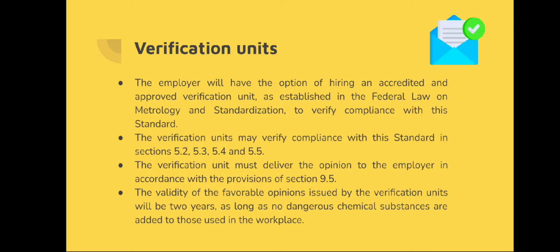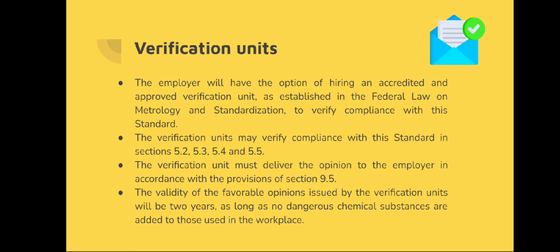Finally, we will talk about the verification units. The employer will have the option of hiring an accredited and approved verification unit, as established in the Federal Law on Metrology and Standardization, to verify compliance with this standard. The verification units may verify compliance with this standard in sections 5.2, 5.3, 5.4, and 5.5.